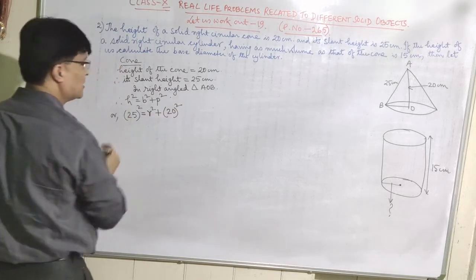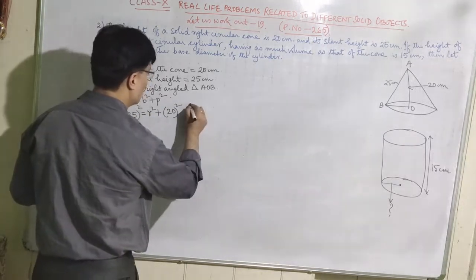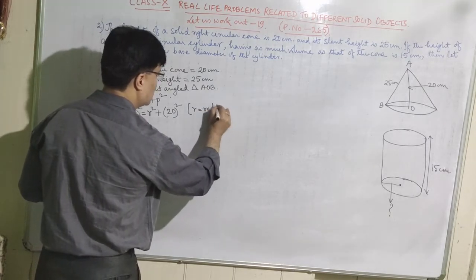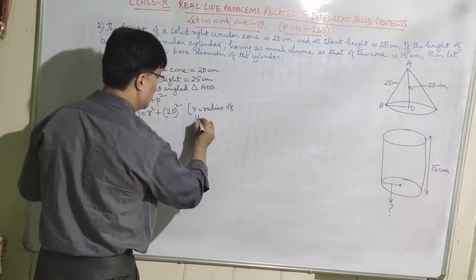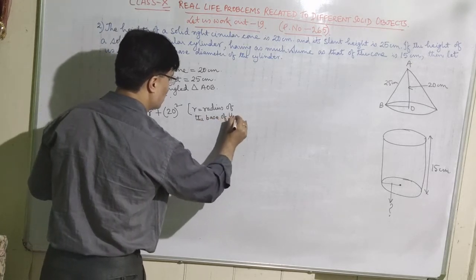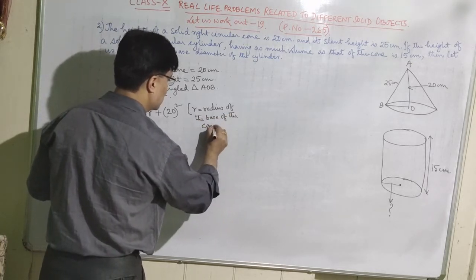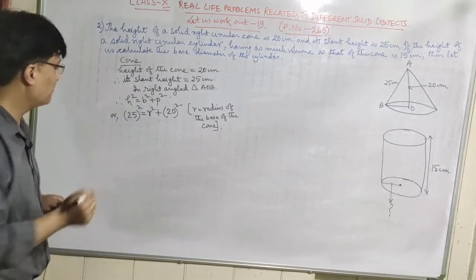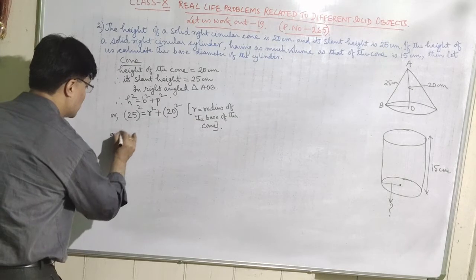So here r is the radius of the base of the cone. What is 25 squared?